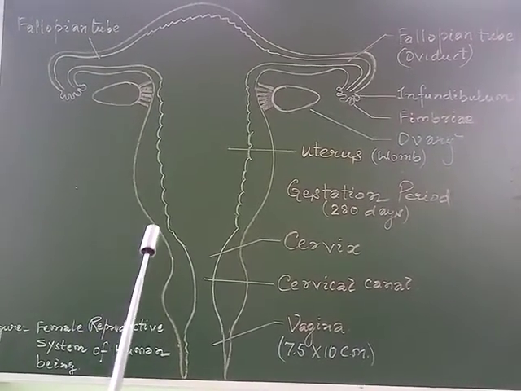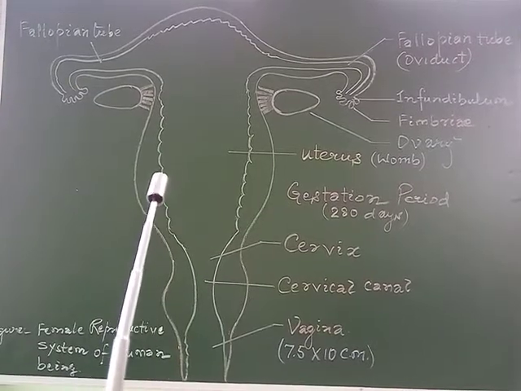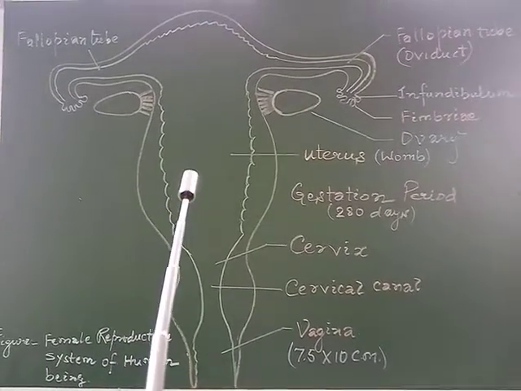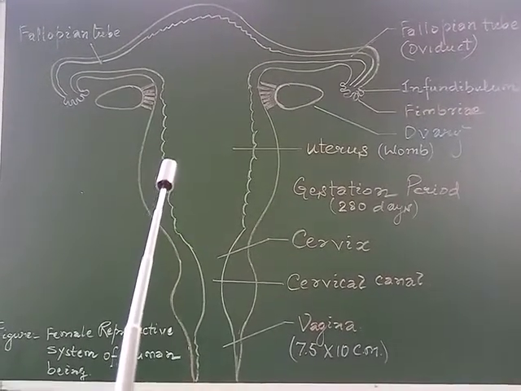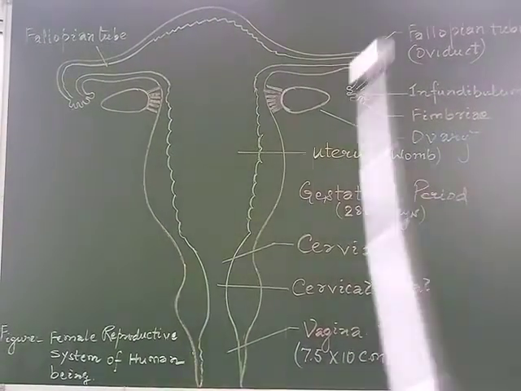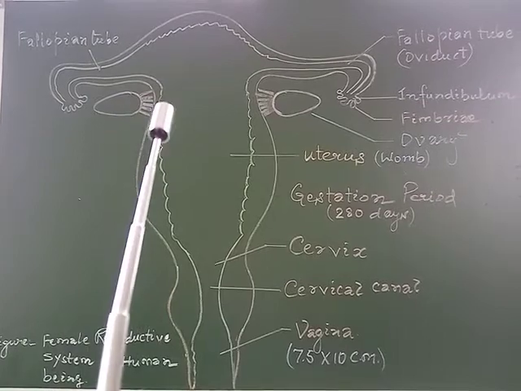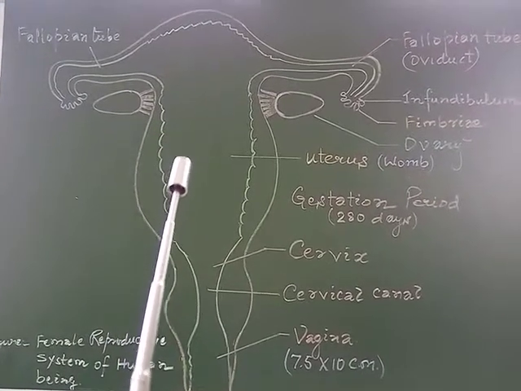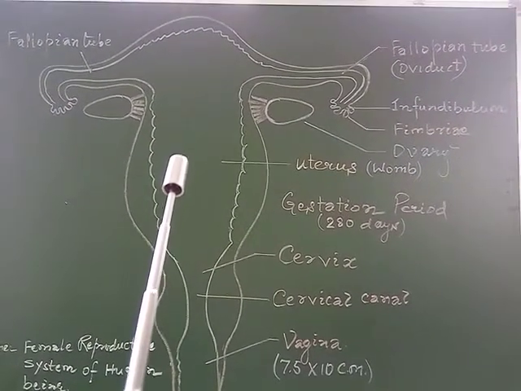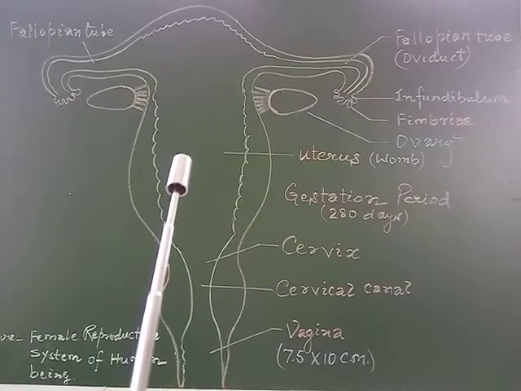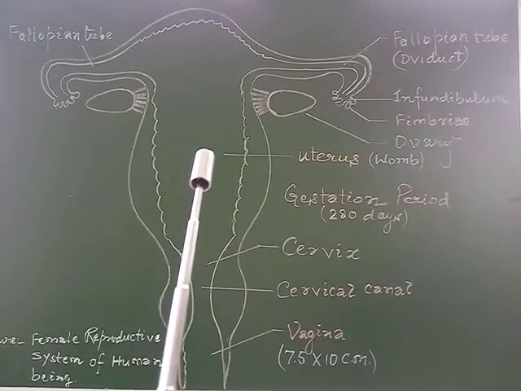The lining of the uterine wall becomes thick and spongy because it would be required for nourishing the embryo and to develop the connection with the embryo in the form of placenta.